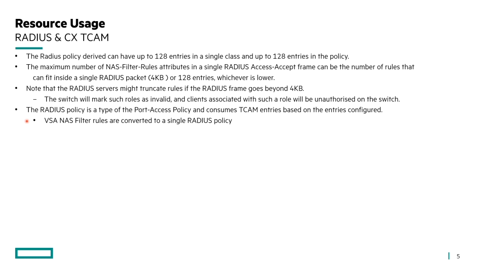So the VSA NAS-Filter rules are converted to a single RADIUS policy. And the policy class entries are stored in the database and TCAM for the lifetime of the user session.